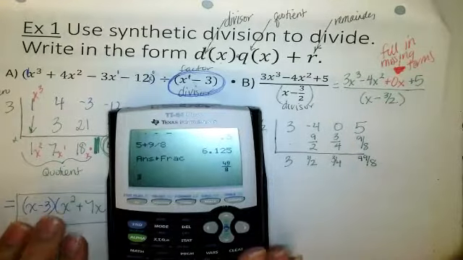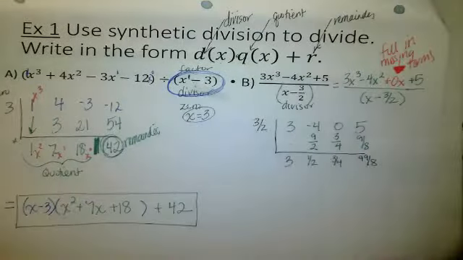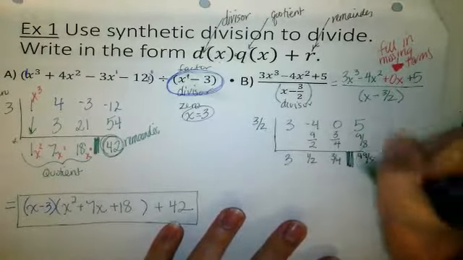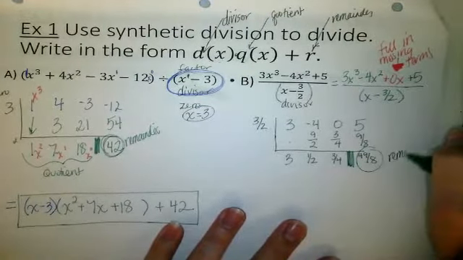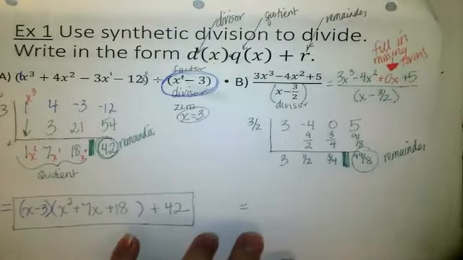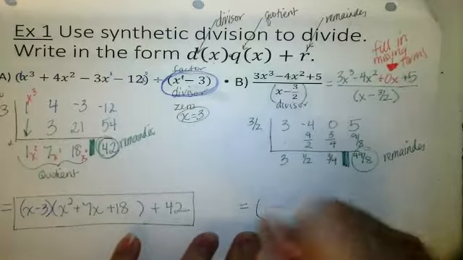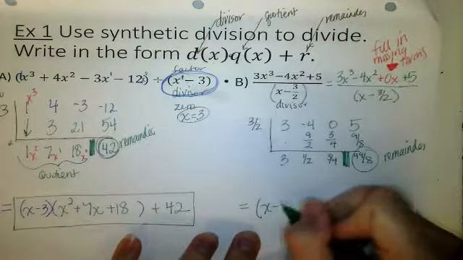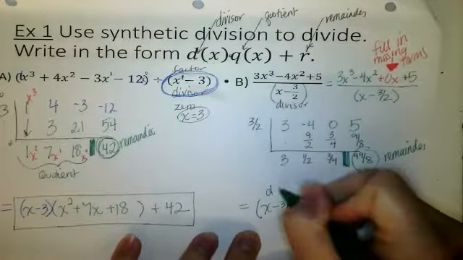All right, so use your calculators. What's the remainder? 49/8 is the remainder. All right, and so what's our divisor? X minus 3/2 is the divisor.